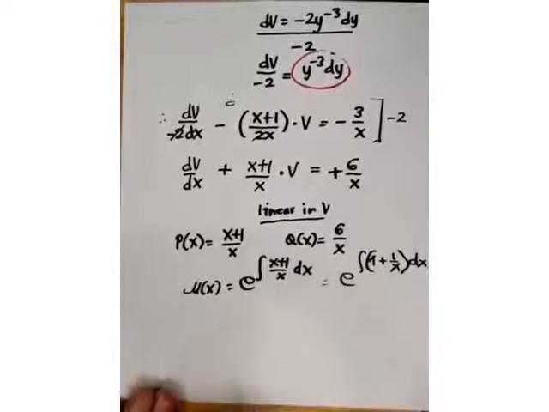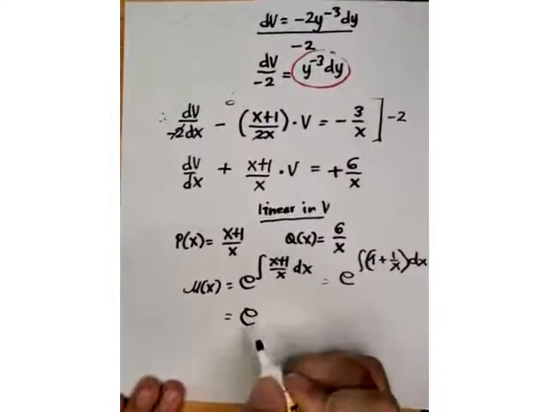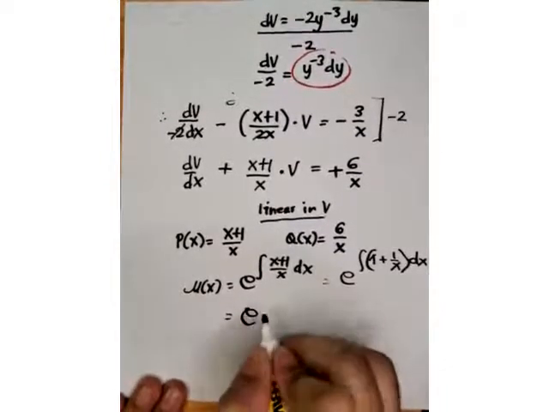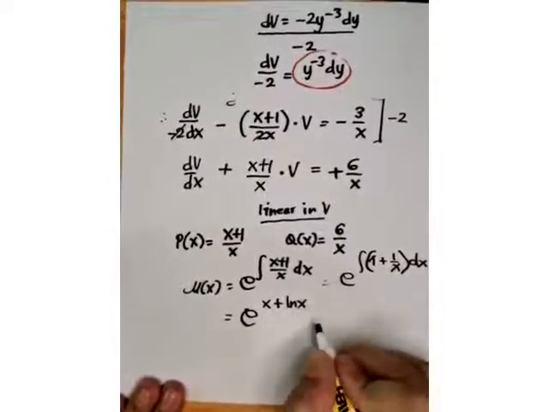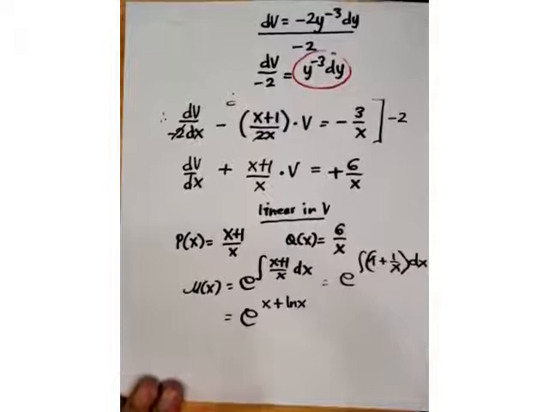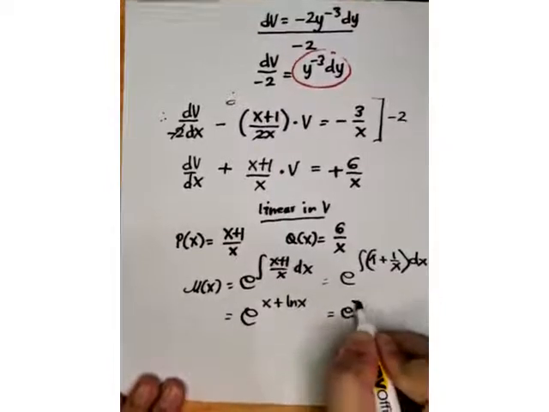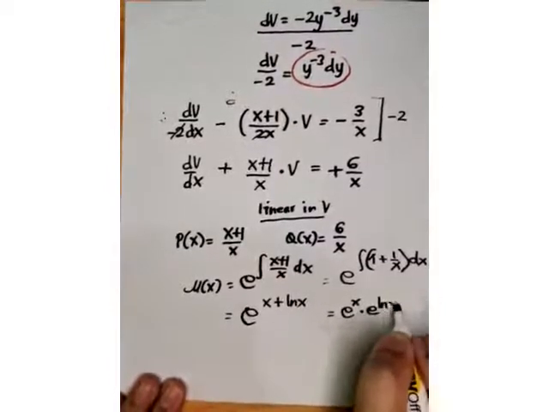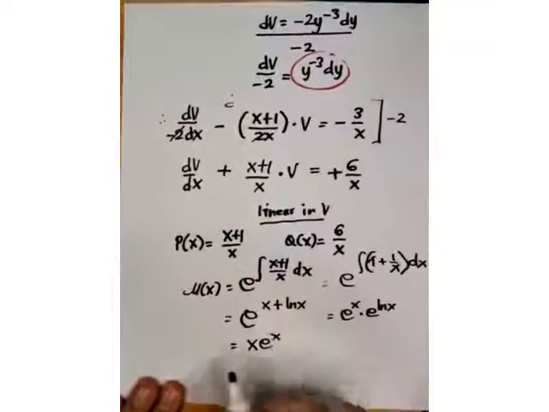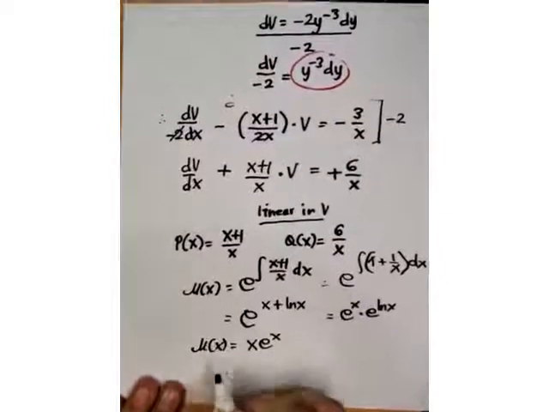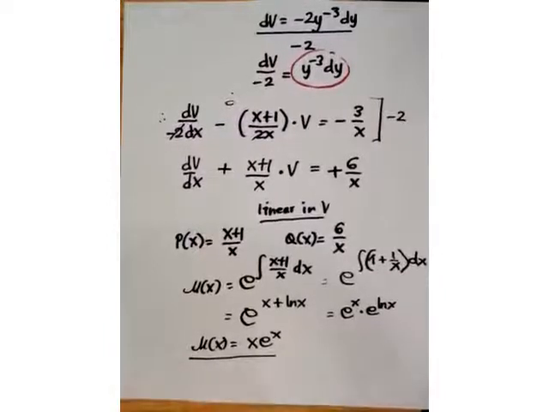So that's equal to e raised to x plus ln of x. Ayan. Okay, or this is equal to e raised to x times e raised to ln of x. So that's equal to x e raised to x. So this is our integrating factor.